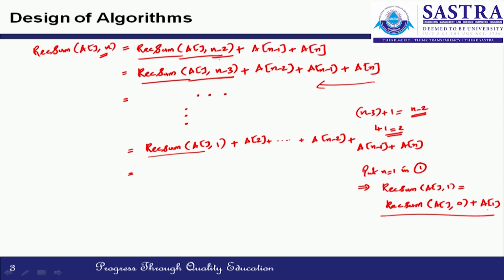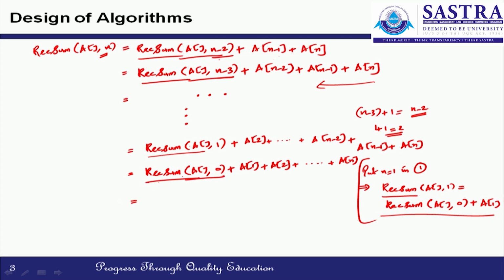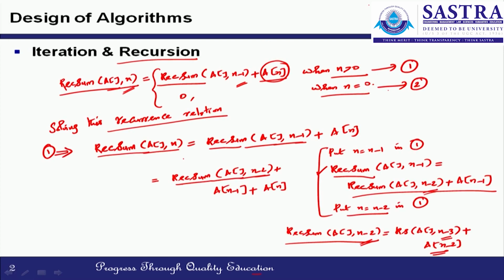Now substituting the value of recursive sum a array comma 1 in this equation, we have recursive sum of a array comma 0 plus a of 1 plus a of 2 plus etc. The last term is a of n. Now in this recursion, recursive sum a array comma 0, what happens? Equation 2, recursive sum a array comma n returns 0 when n is equal to 0.